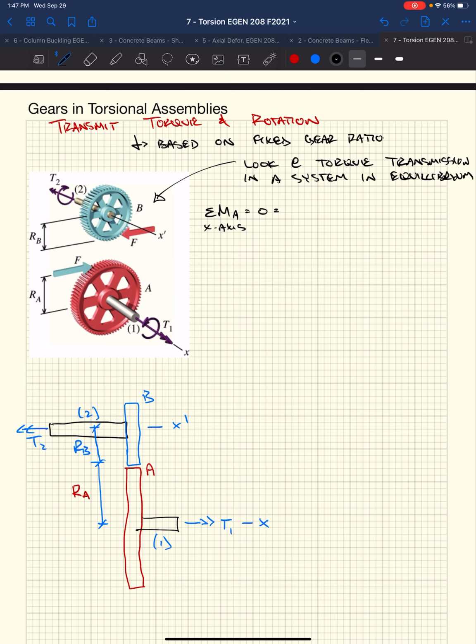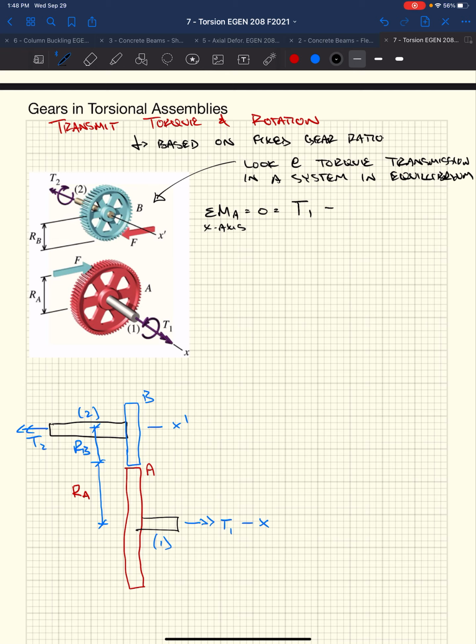So, summing the moments about gear A, about the x-axis, we're going to set that equal to 0. Well, we've got the torque in the shaft 1, T1. It's acting in the x-axis, so we're going to say that it's positive.